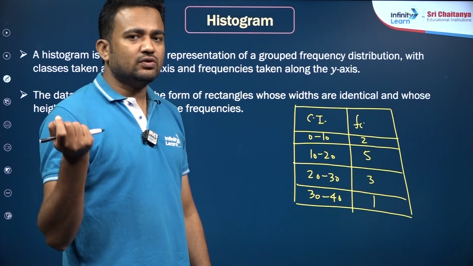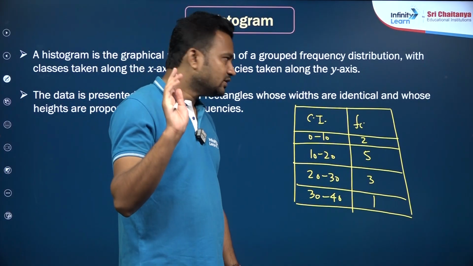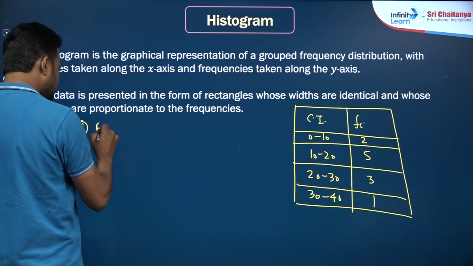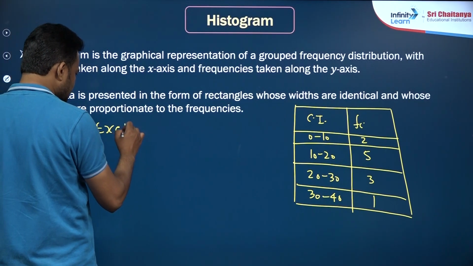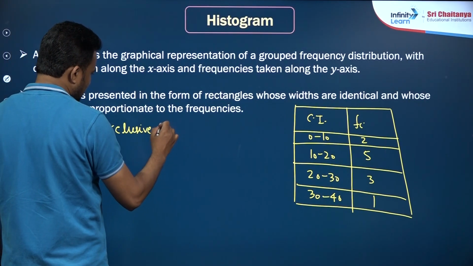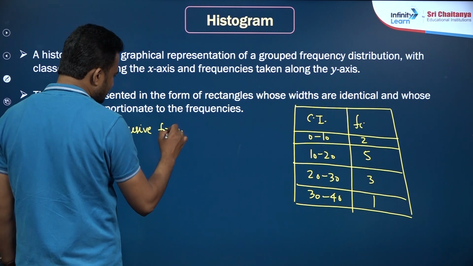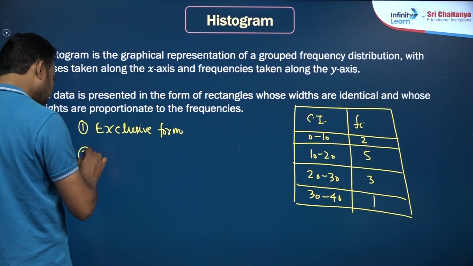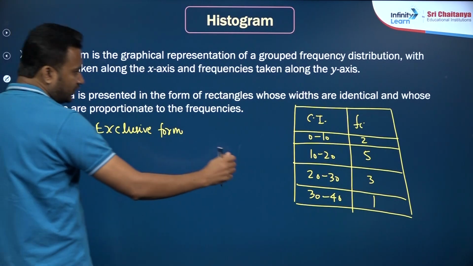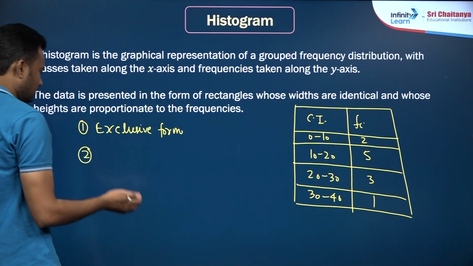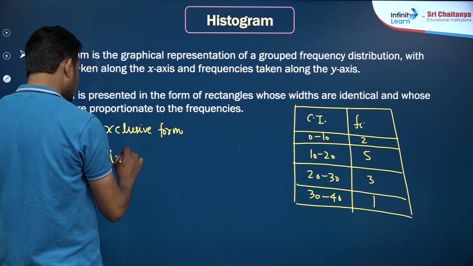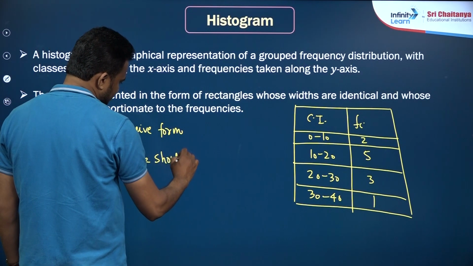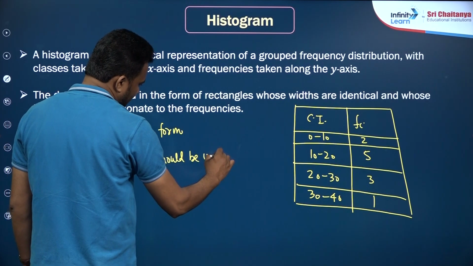While drawing the histogram, you have to keep two things in your mind. The first thing is the class interval should be in exclusive form. If it is not in exclusive form, you have to convert it into exclusive form. The second important thing is the width of the class interval should be uniform, that is, class size should be uniform.